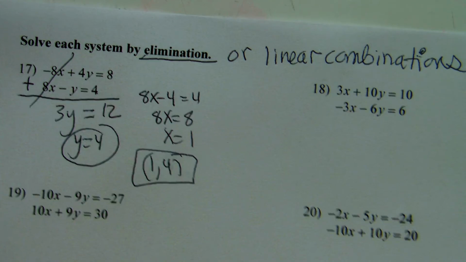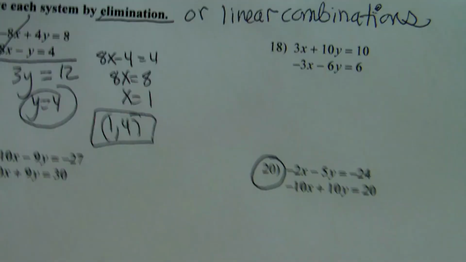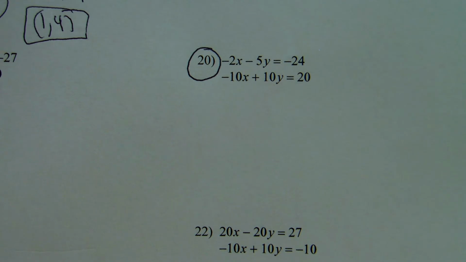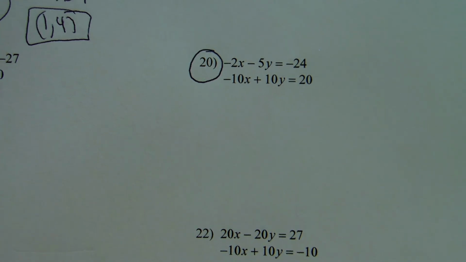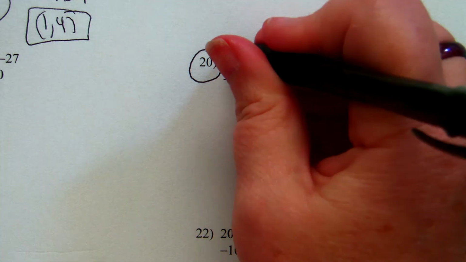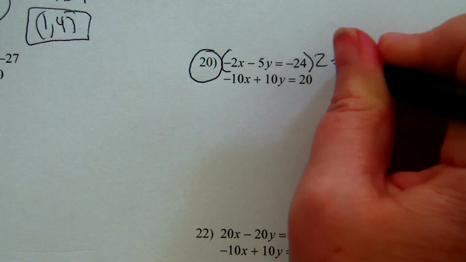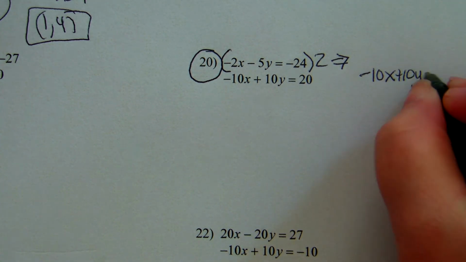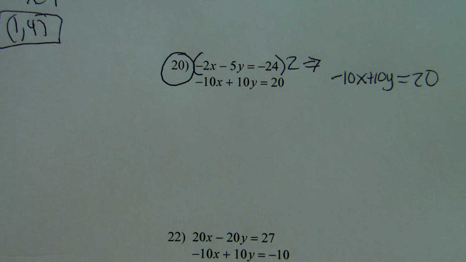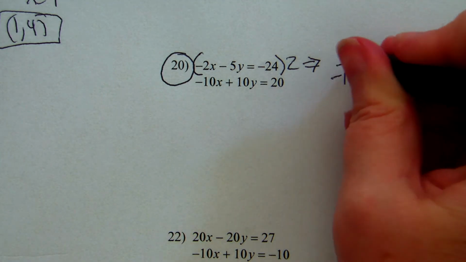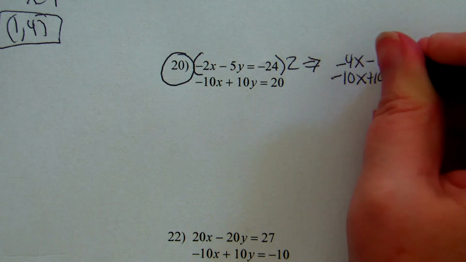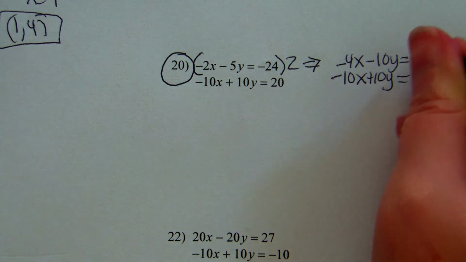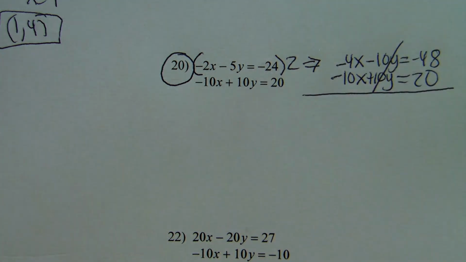So those are the easy ones where you just simply add or subtract to solve. Here's one where you have to multiply one of the equations so that the coefficients cancel. So I decided to multiply the top equation by 2. The bottom equation does not change. The top equation is negative 4x minus 10y equals negative 48. So the 10y and the negative 10y cancel.